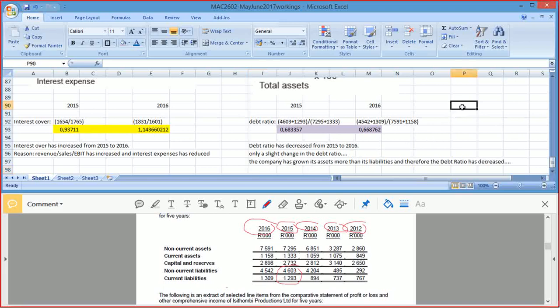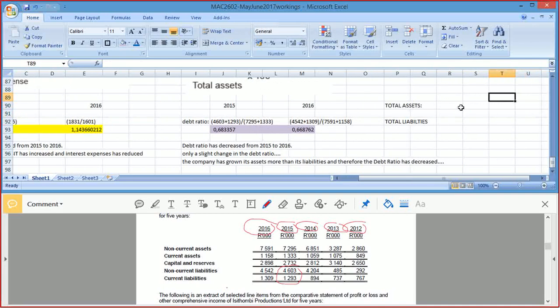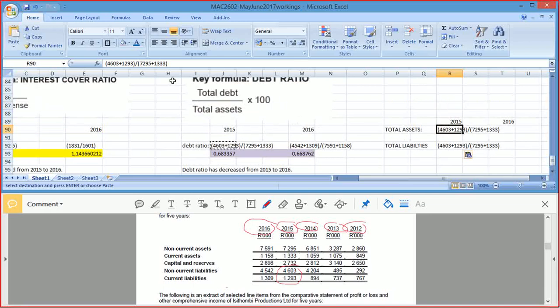Maybe what you could do is you could do this. Okay, if you wanted to add more to this answer. Okay, 2015, my assets were that.